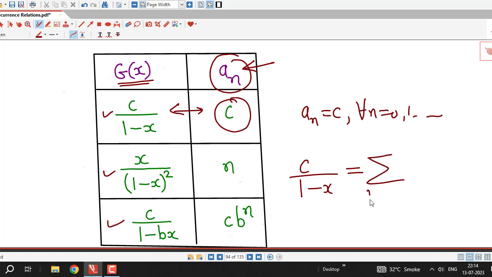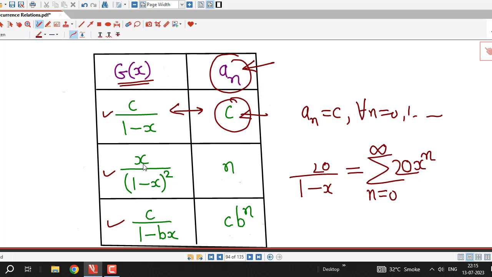Therefore, I can write sigma n equal to 0 to infinity an x raised to n, and an for this generating function is c, so I can directly write c into x raised to n. So c is an arbitrary constant. If I have 2 here, I will write 2 into x raised to n. Suppose I have 20, then I will write 20 over 1 minus x equal to sigma 20 into x raised to n.